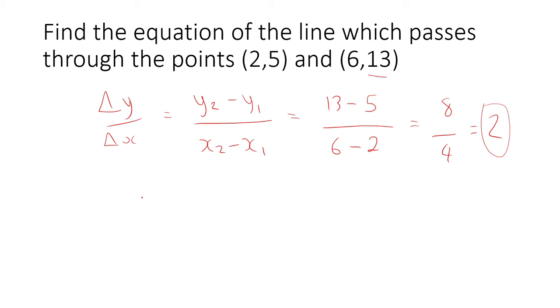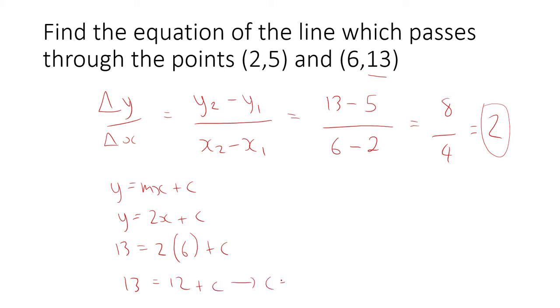So y equals mx plus c, but we know m is 2, so we can write y equals 2x plus c, and all I'm going to do is substitute in the values for y and x for this coordinate of (6, 13). So the y coordinate is 13, so 13 equals 2 lots of, and I'll fill in the x coordinate, which is 6, plus c. 13 equals 12 plus c, and therefore c equals 1.